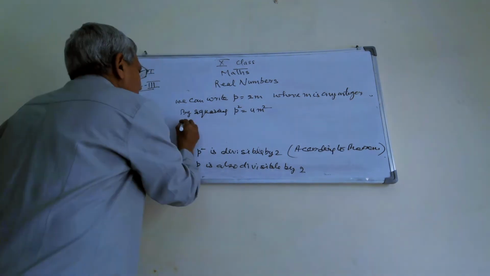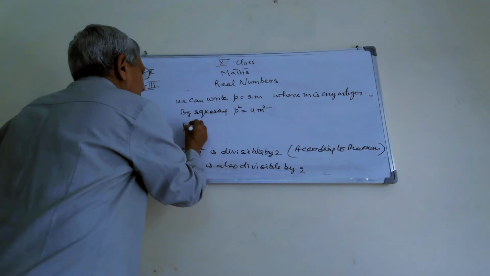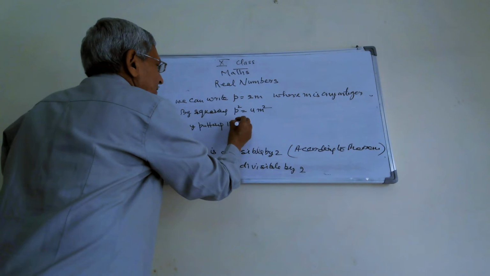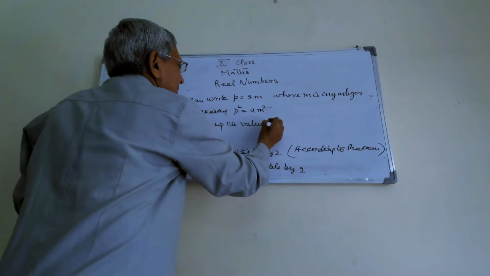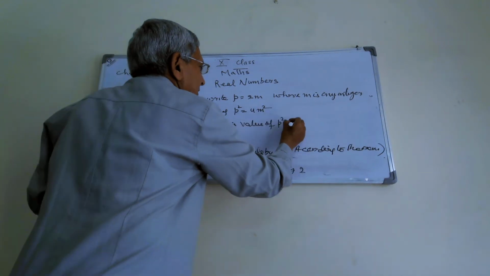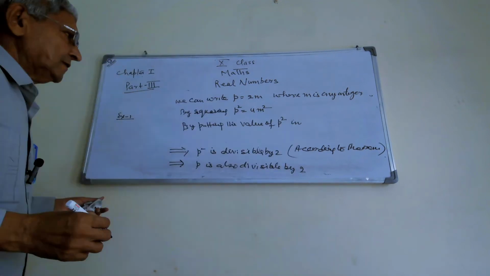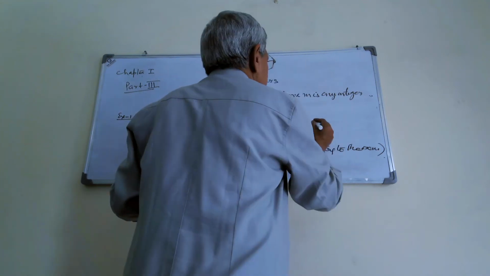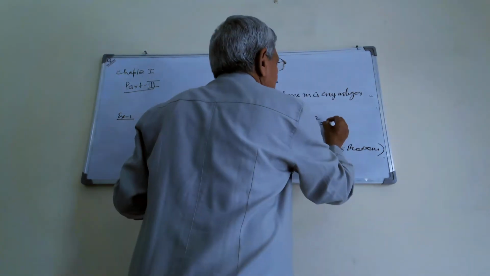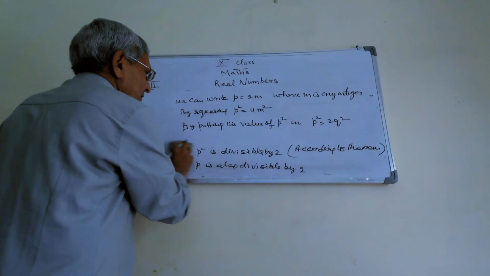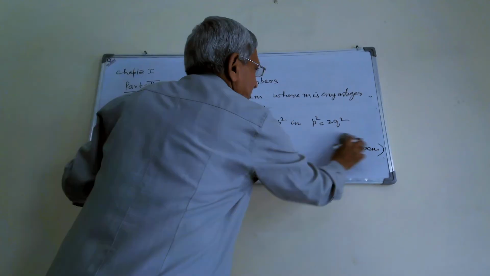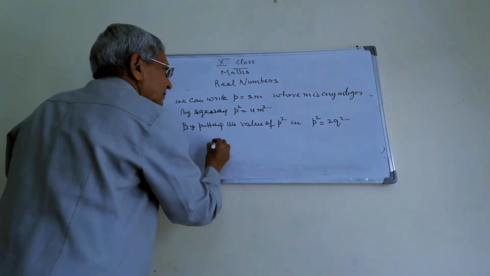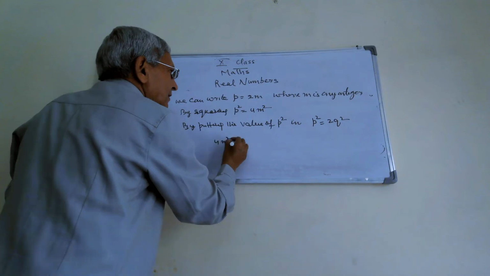By putting the value of P square in P square is equal to 2q square, four m square is equal to 2q square.